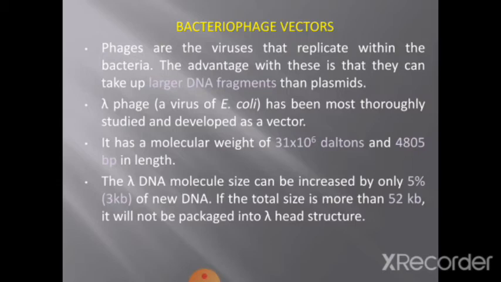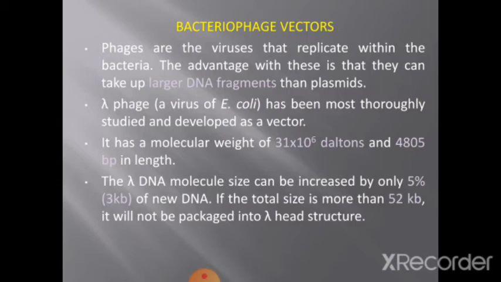That means it comes to around 3 kb, because now the size is 48 kb, and if the total size becomes more than 52 kb, the packaging of the viral particle into the head becomes a problem.